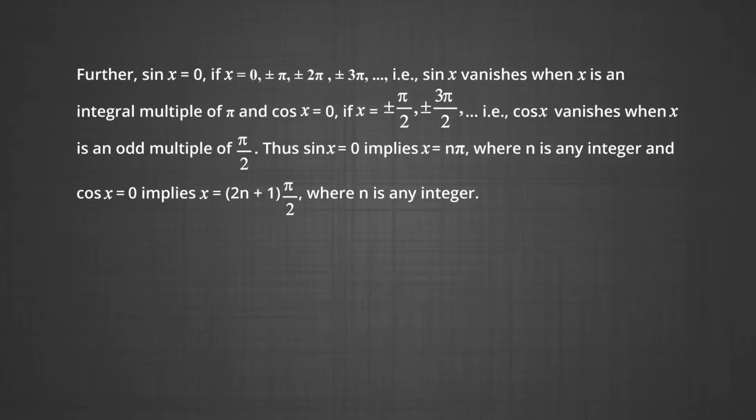And cos of x is 0 if x is equal to plus minus pi by 2, plus minus 3 pi by 2, that is, cos x vanishes when x is an odd multiple of pi by 2. Thus, sin x equals 0 implies x is equal to n pi, where n is an integer, and cos x is equal to 0 implies x is equal to (2n plus 1) pi by 2, where n is an integer.